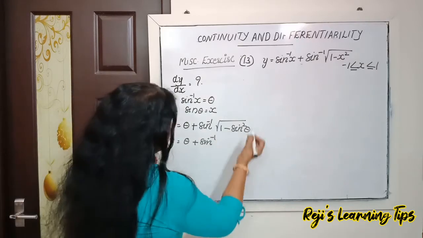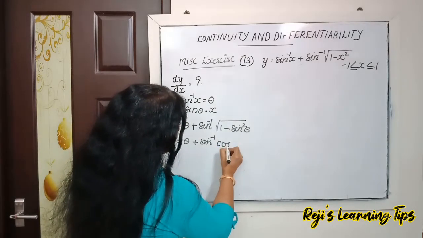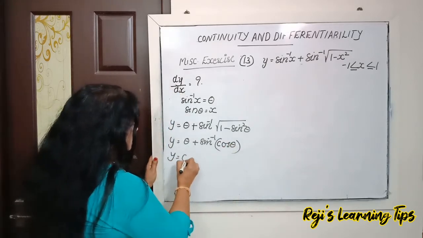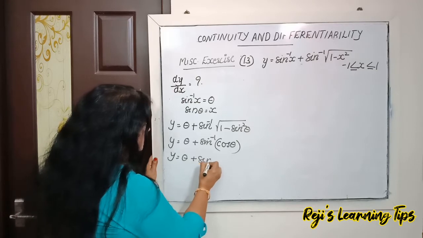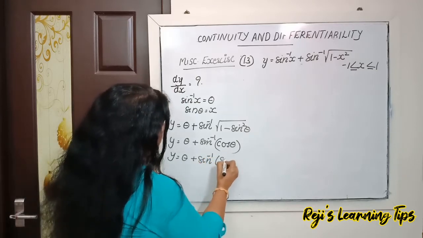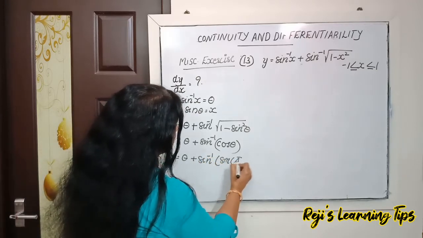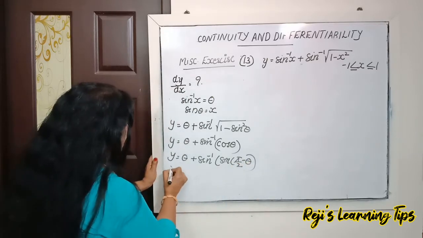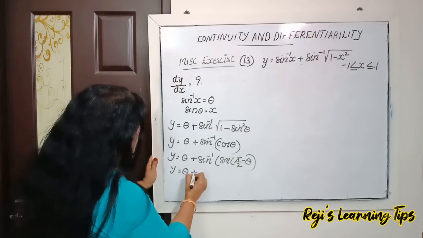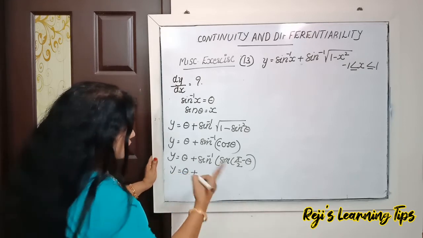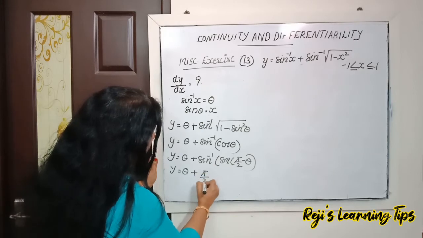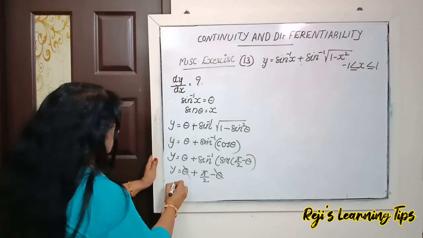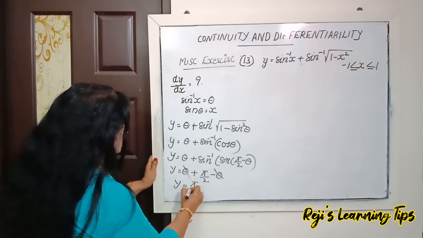So root of cos square theta is equal to cos theta. So sin inverse cos theta. Then y is equal to theta plus sin inverse sin of pi by 2 minus theta, since cos theta is sin of pi by 2 minus theta. So y is equal to theta plus sin inverse sin, which we know is pi by 2 minus theta. This theta and minus theta cancel, then y is equal to pi by 2.